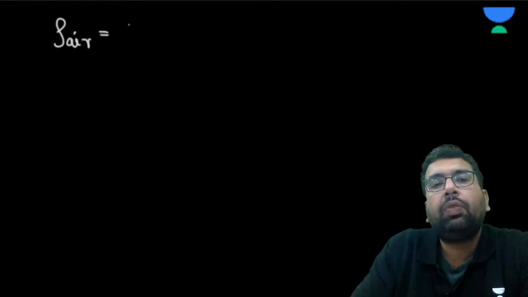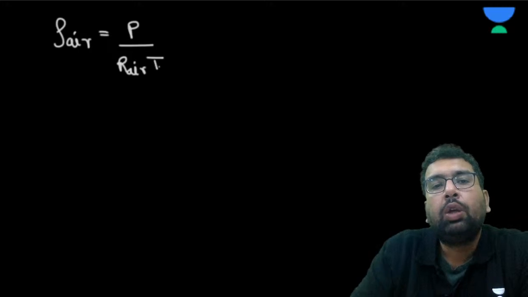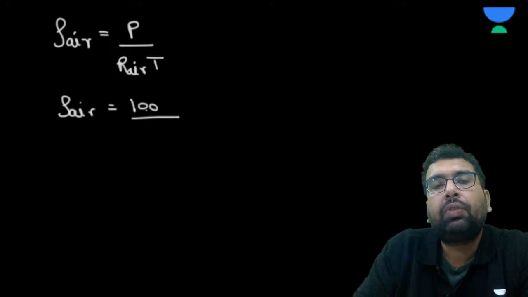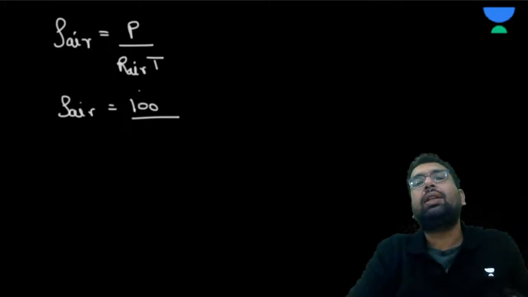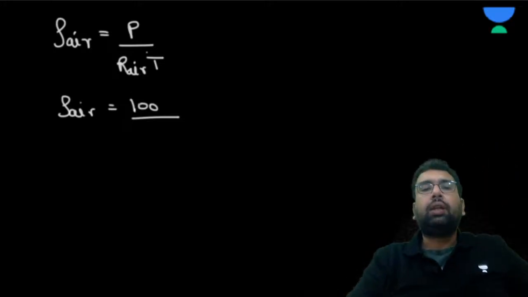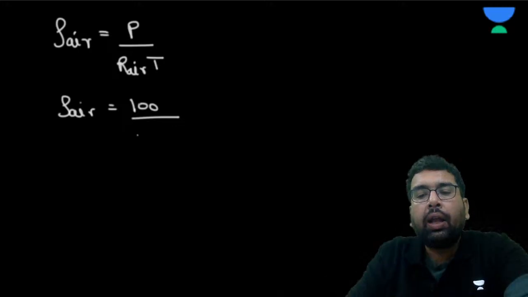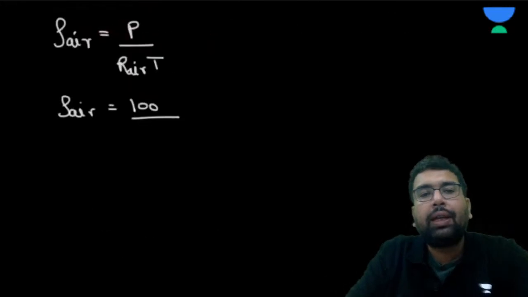So density of air will be pressure over R of air and temperature. So what will be the density of air? Pressure is again 100 kilopascal. R is 0.289.